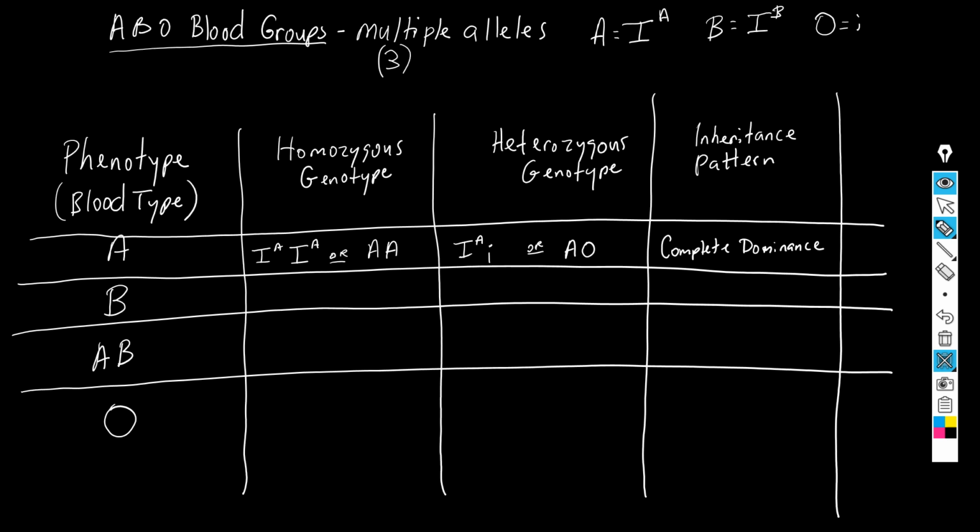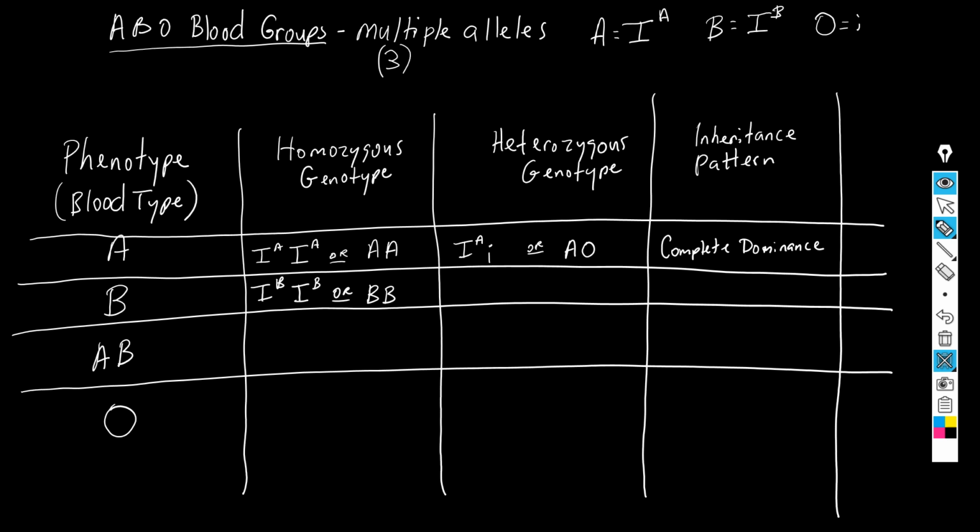If we take a look at blood type B, the homozygous genotype would be capital I^B, or you could represent that as BB. We're going to work out a problem in a second, and I'm going to show you how to use either one, and I would recommend that you pick the one that's going to work best for you.